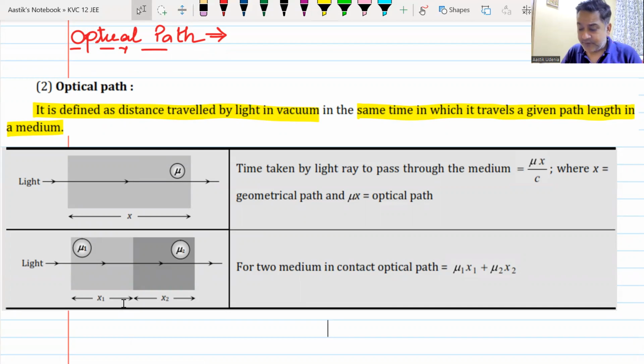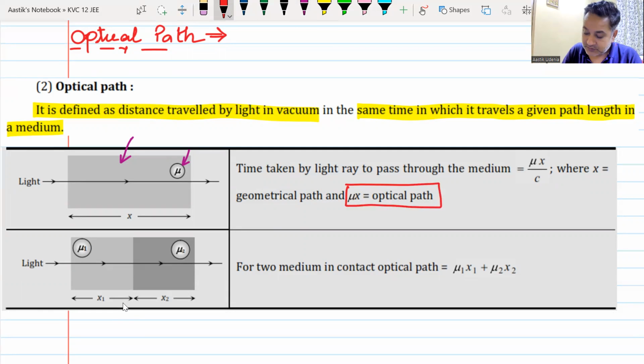If light travels a distance x in a medium of refractive index mu, then the optical path is mu times x. This mu times x becomes your optical path. This is the distance light is going to travel in vacuum in the same time. Do we understand this? That is the only thing that you need to understand.